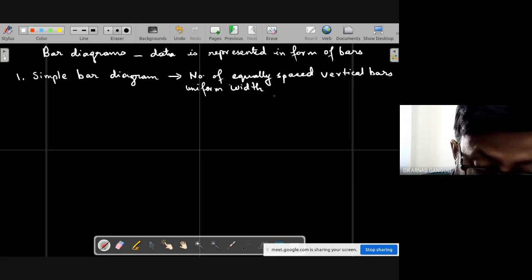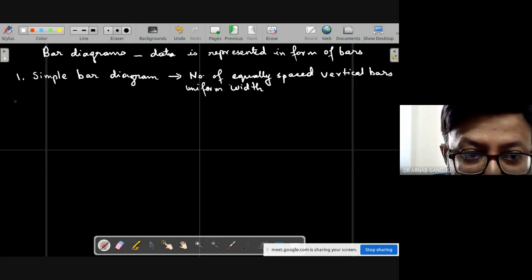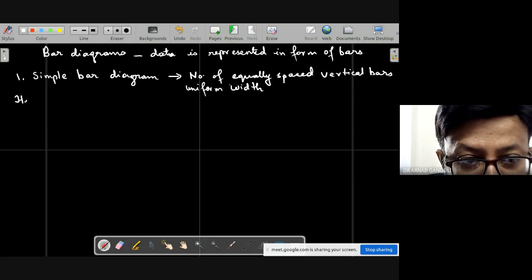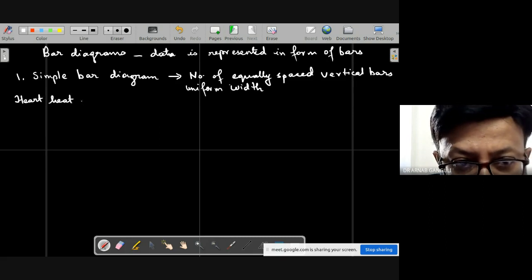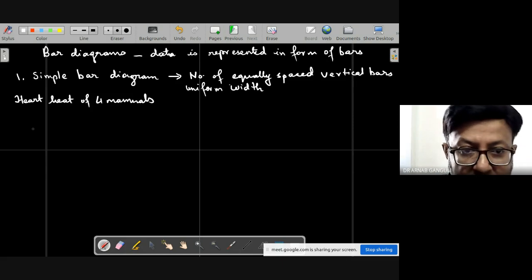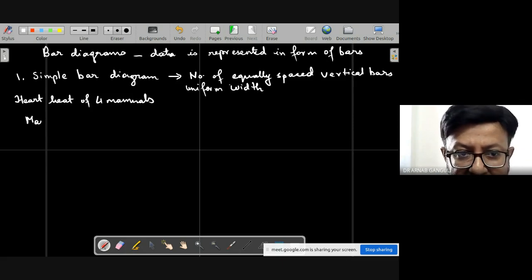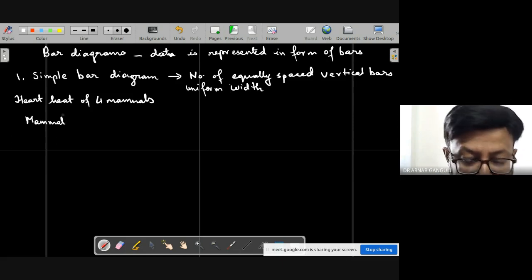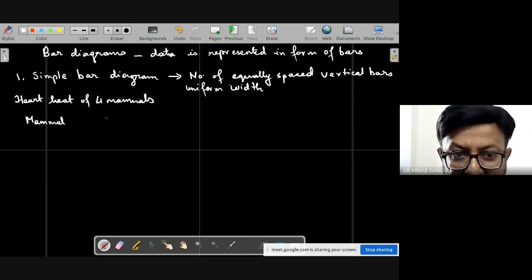So let us do it. Heartbeat of 4 mammals. The name of the mammal I'm writing, and heartbeat per minute.